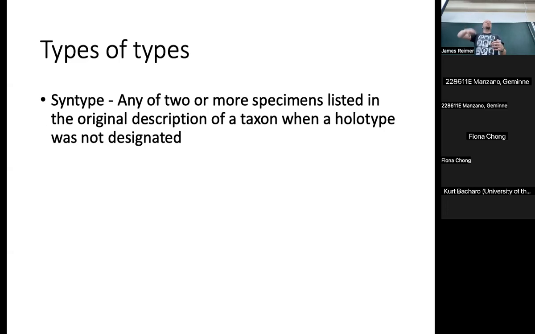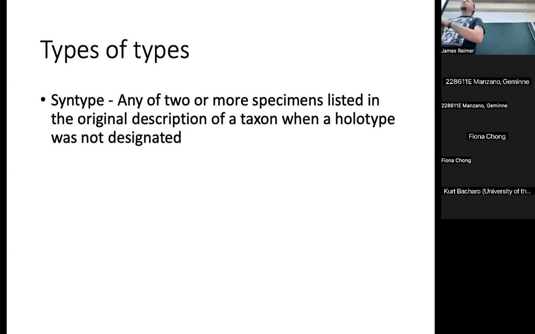So you just have a list of specimens. All of those specimens are called syntypes. Does that make sense? So for any 2 or more specimens, if there's only one, automatically it's the holotype, right? Even if you don't say holotype. But if there are 2 or more, and you don't say this is the holotype, they all become syntypes.